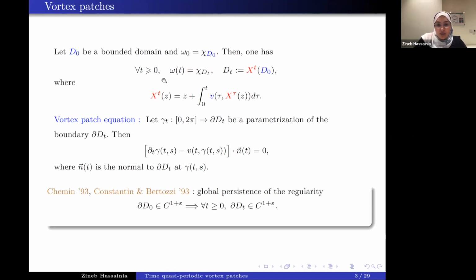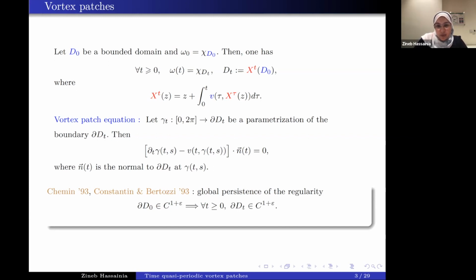So the patch structure is preserved all the time, and the problem is reduced to tracking the evolution of the boundary, which is a one-dimensional problem.